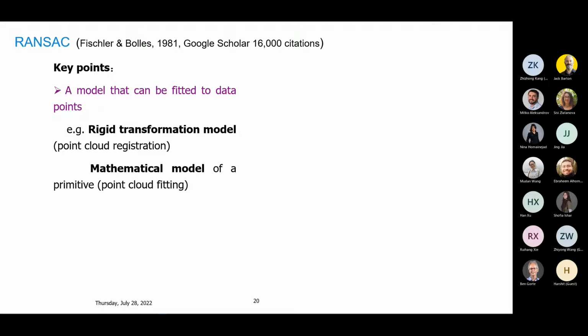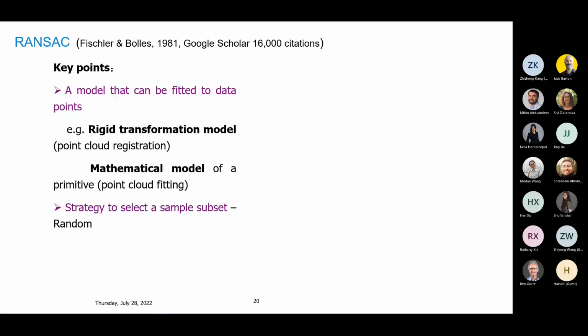First, this strategy needs a model to fit the data points. Like point cloud registration, we use the rigid transformation model. And for point cloud fitting, we use the mathematical model for the specific primitives.